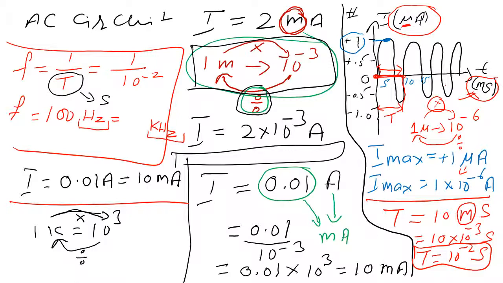To change hertz to kilohertz, you divide by 10 to the power 3. Whenever you divide by 10 to the power 3, your answer will come 0.1. In that way you can change both ways: from unit to the number, or if you have the number, you can go back to the required unit, whatever the question is asking.